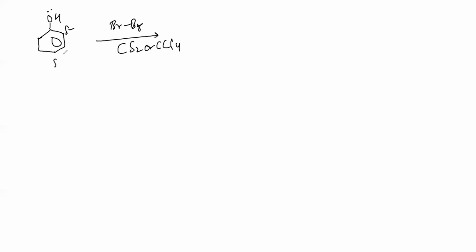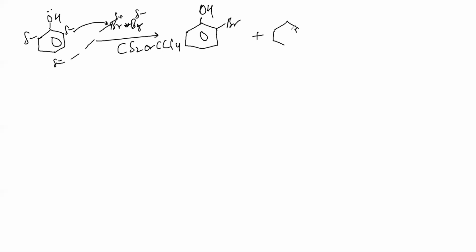Delta minus, delta minus, delta minus. So the lone pair of oxygen is capable of generating delta minus on the ortho and para positions, and this delta minus can polarize this Br like this. So they attack here. We get this, plus, if attack takes place from here, we get this.